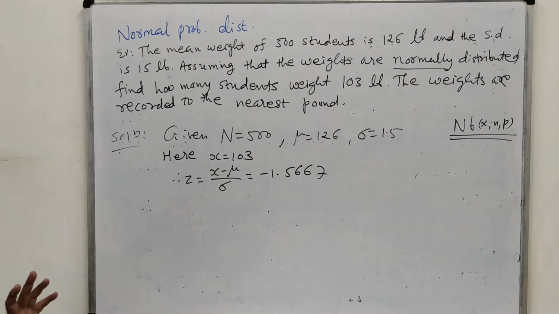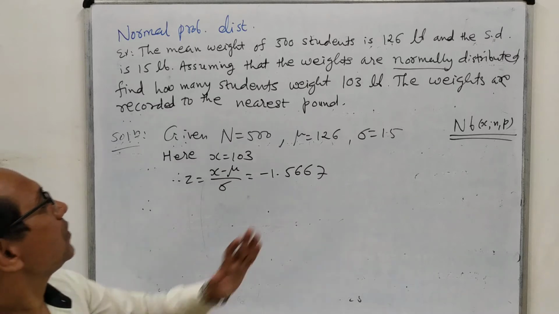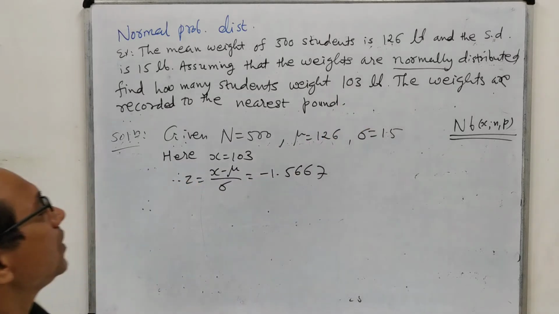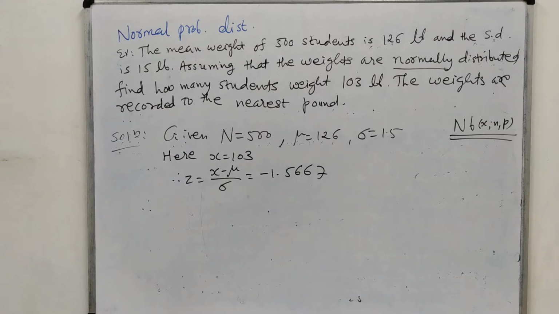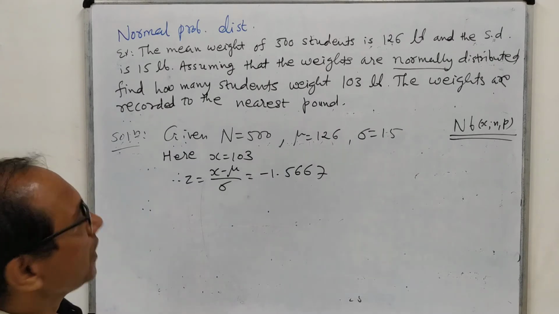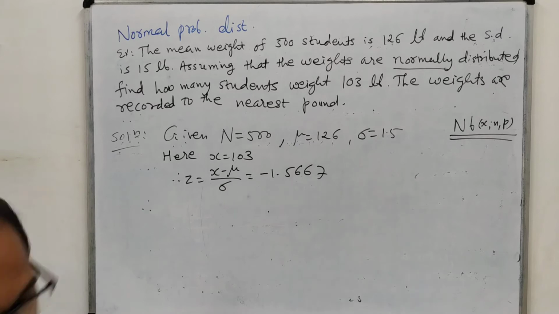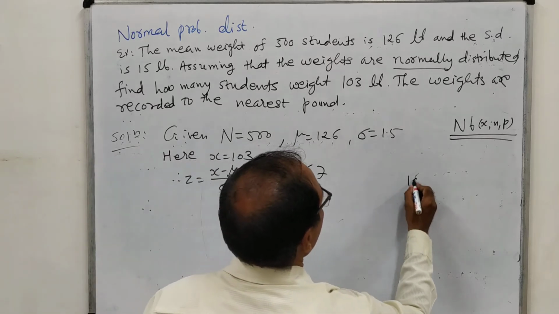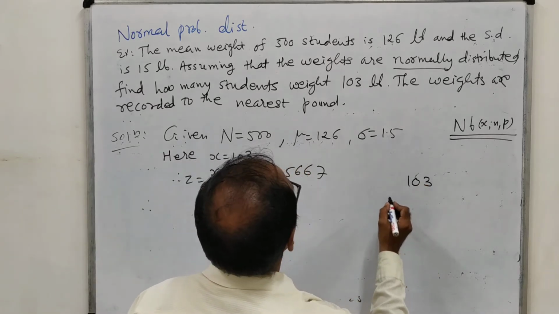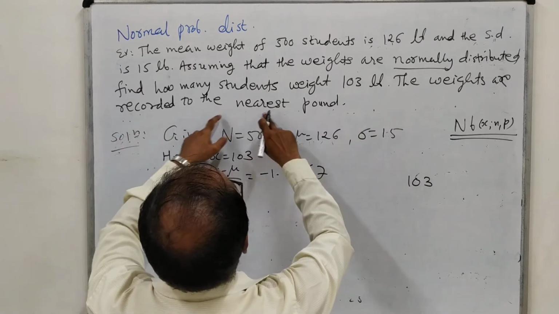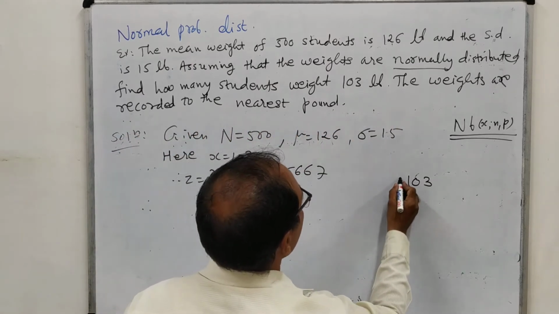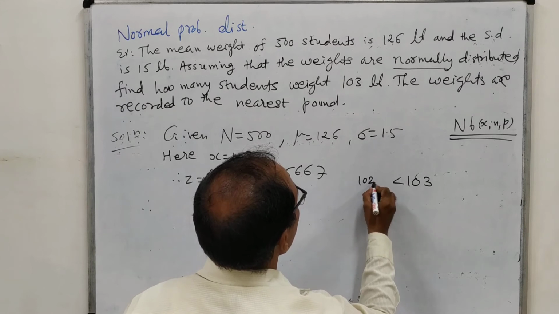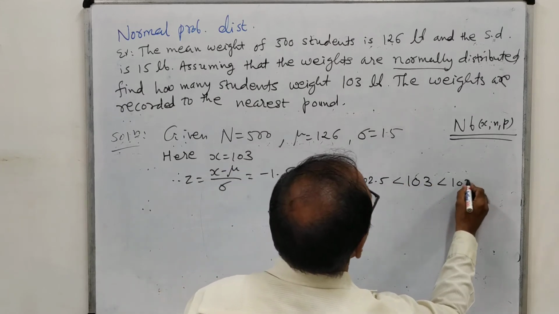Here you can see for x equal to 103, this is given. But here we want to find out the exact number of students whose weight is 103 pound. So here we need to discuss this in a different way. That means here we know that the weights are recorded to the nearest pound. So we know that 103 lies between 102.5 and 103.5.